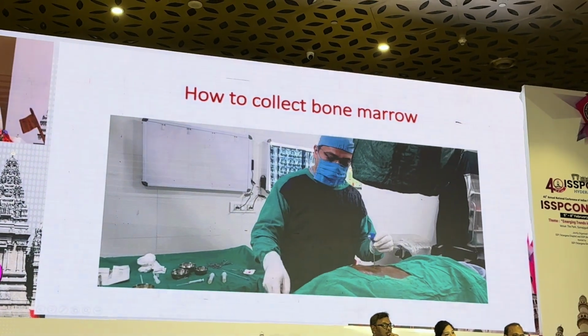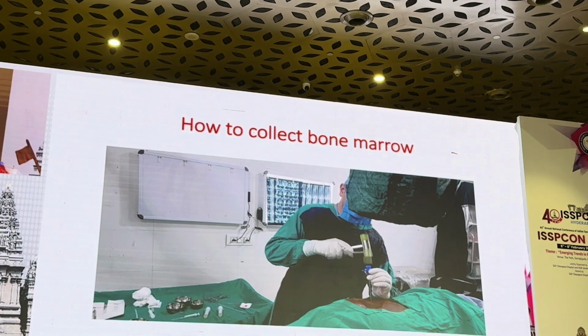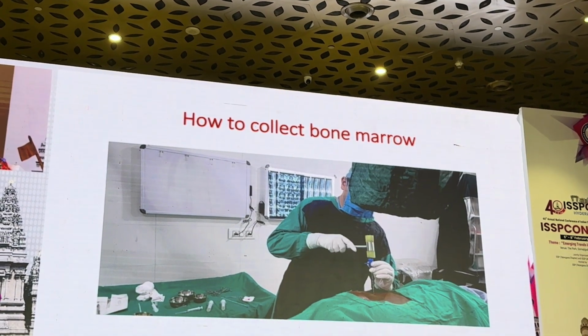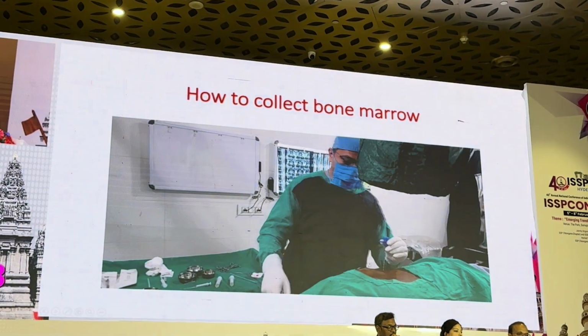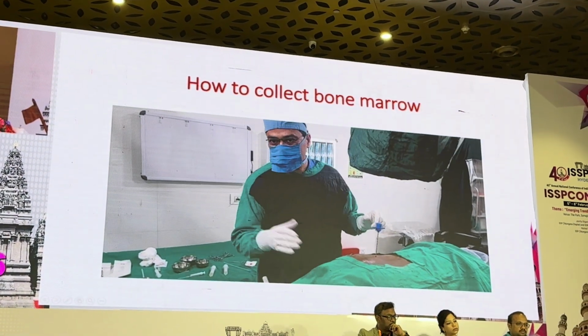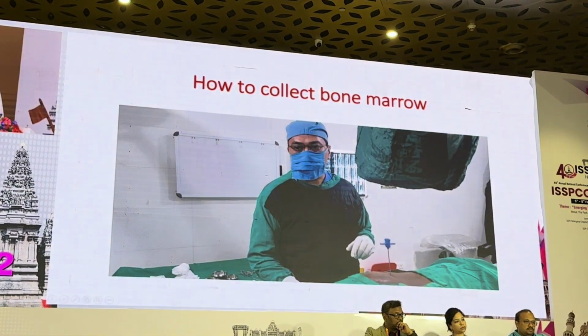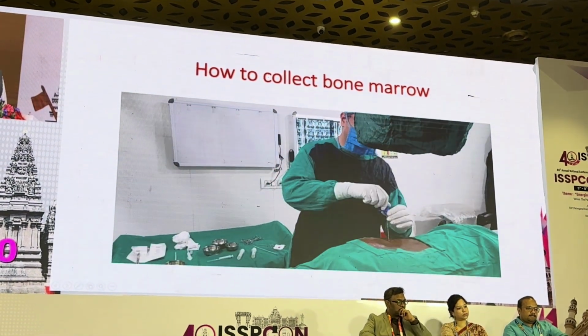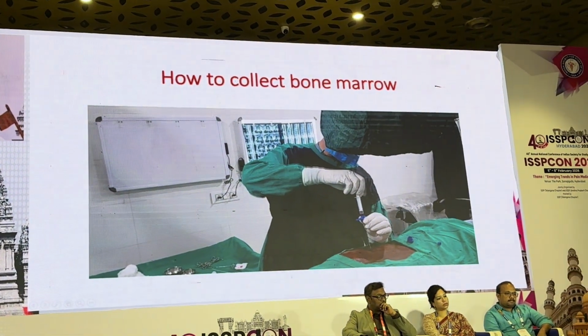So I am just tapping my needle in the posterior superior iliac spine and breaching the cortex and going inside the bone marrow, and I am removing my cap and aspirating. This is the confirmation.